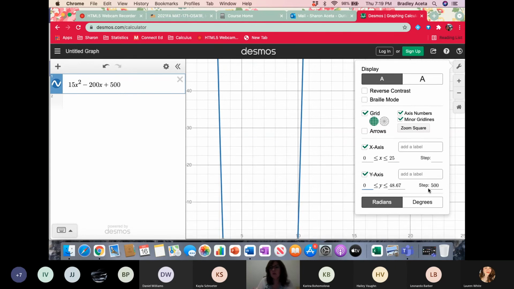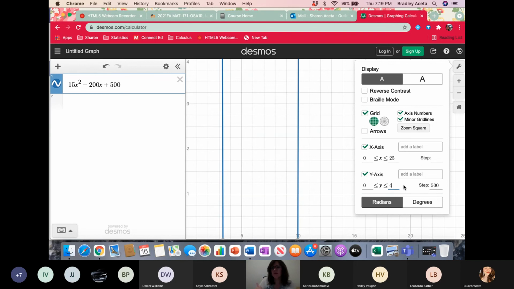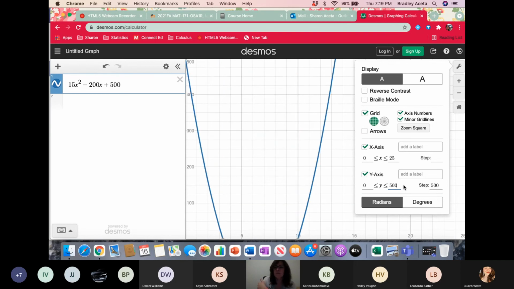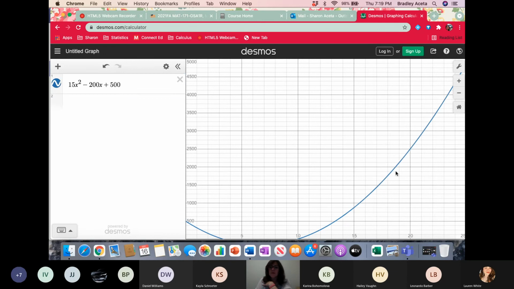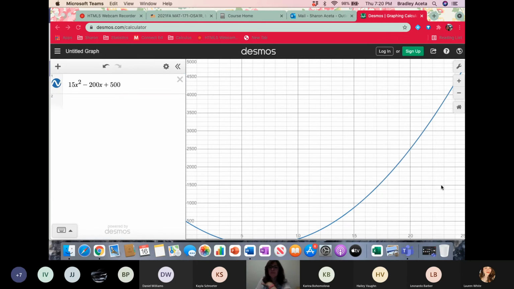So I kind of chose the y to be 0 to, I went up to 5,000. Okay, yay, it kind of worked for me, finally. So I'm only working in quadrant 1, if you can see.